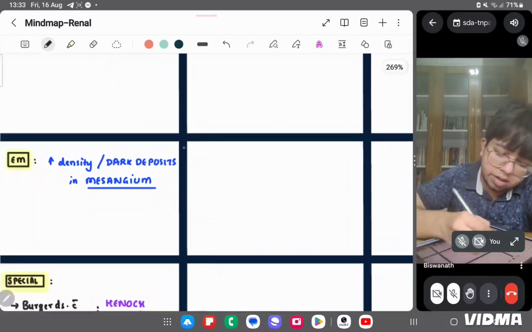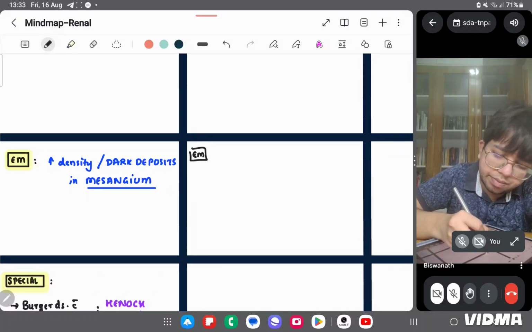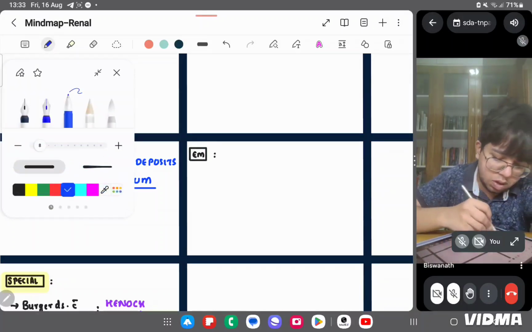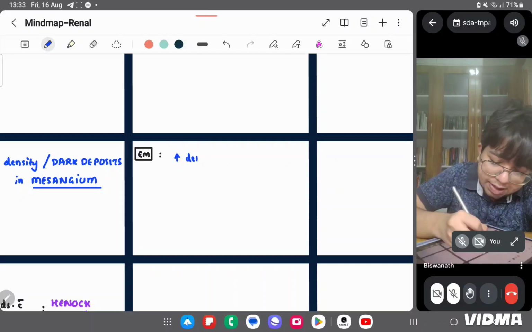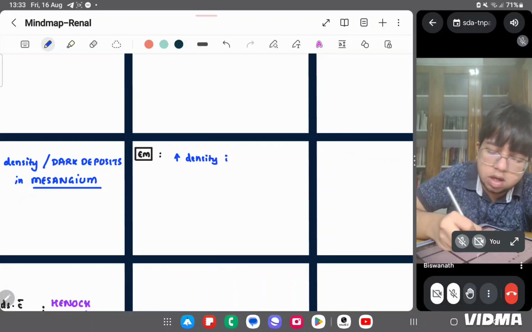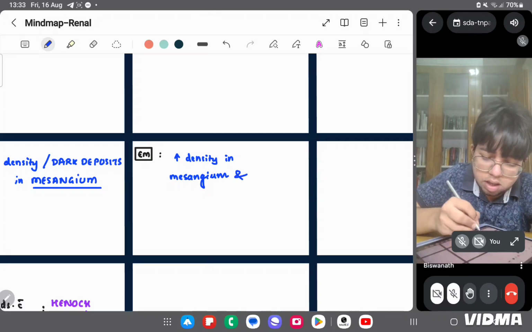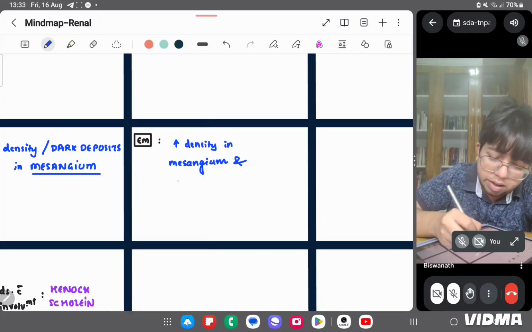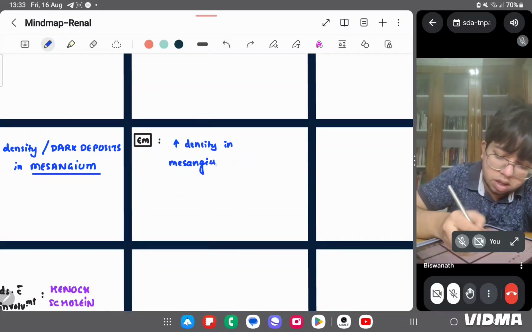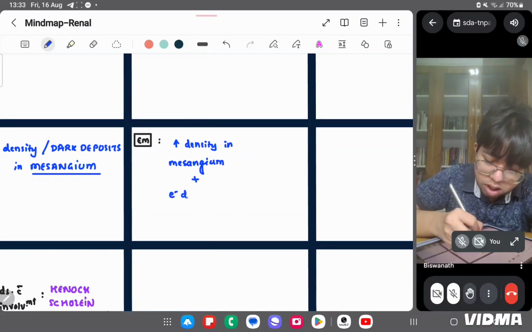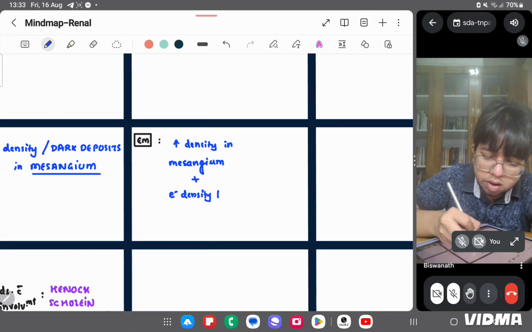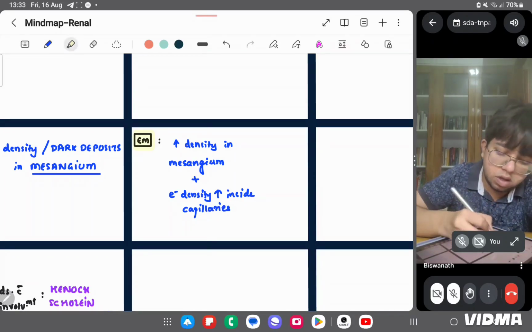You can easily write here: increased density in mesangium and endocapillary. Electron density more inside capillaries. Logical?